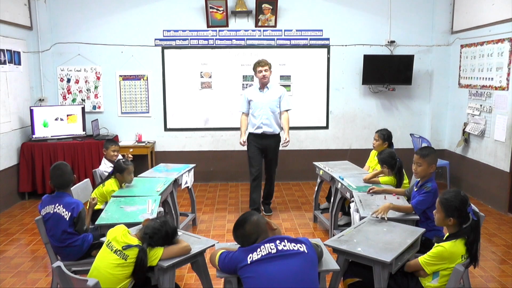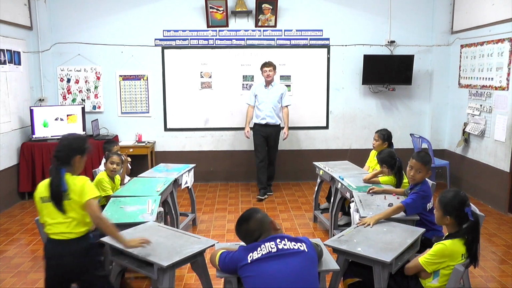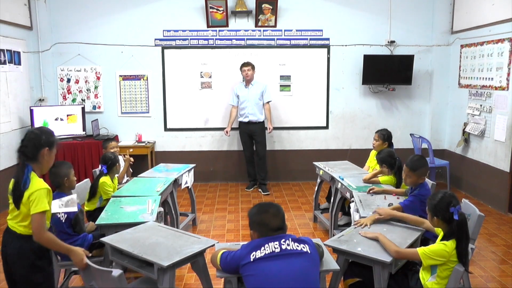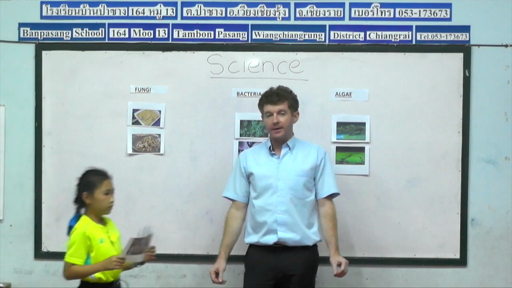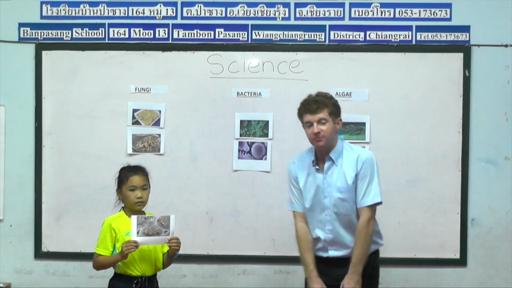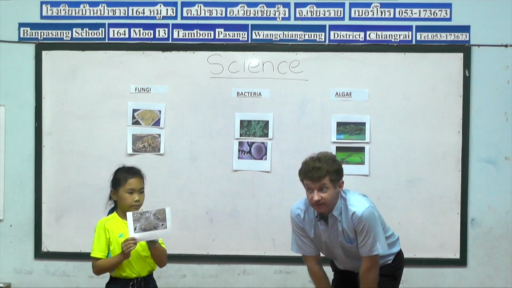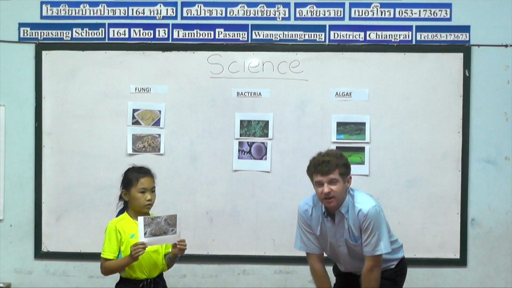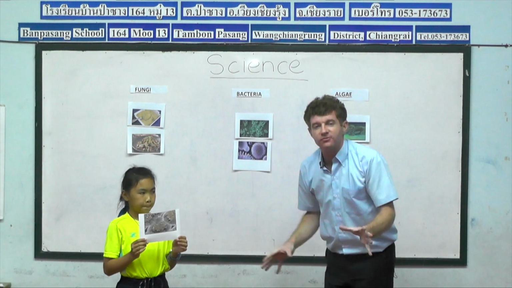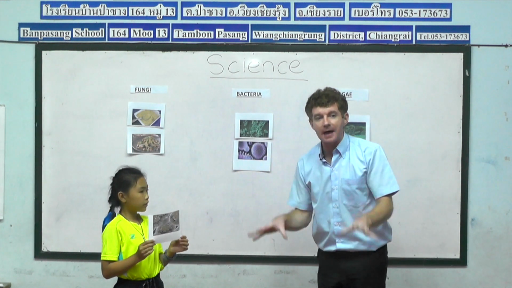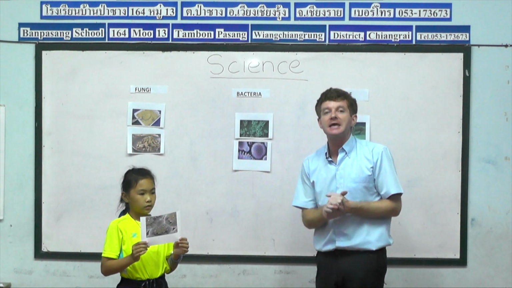And now it's Nadia's turn. Nadia, can you bring yours forward for me, please? Okay, let's have a look at Nadia's picture. Excellent, yes, it's fungi again. Does anybody remember the type of fungi that grows in cold, damp, wet places, beginning with M?